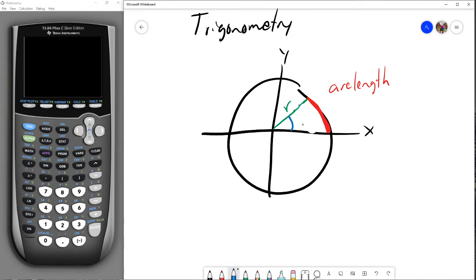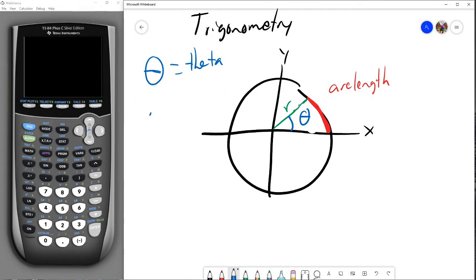So here is our angle, and we're denoting it with the Greek letter theta. So this equals theta, and theta always refers to angles. That's pretty much what that symbol always refers to, angle measures.